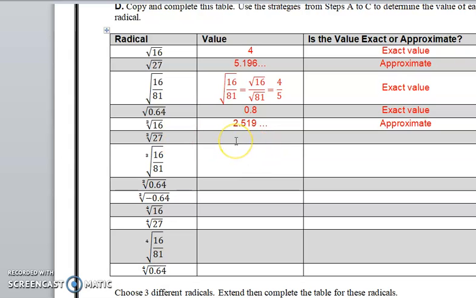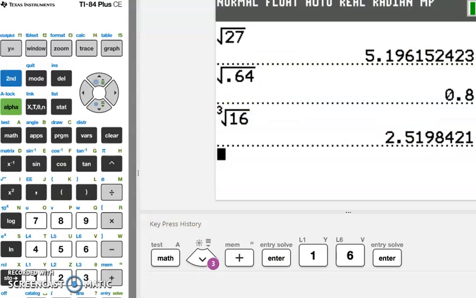Cube root of 27, we did that in the previous page. That's exactly 3. So that's considered an exact value. The cube root of 16/81, I'll do that on your calculator for you. The cube root of 16 we just showed was a decimal, so we know they're both going to be a decimal.